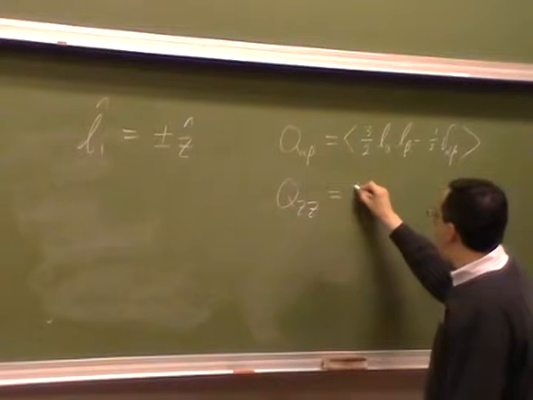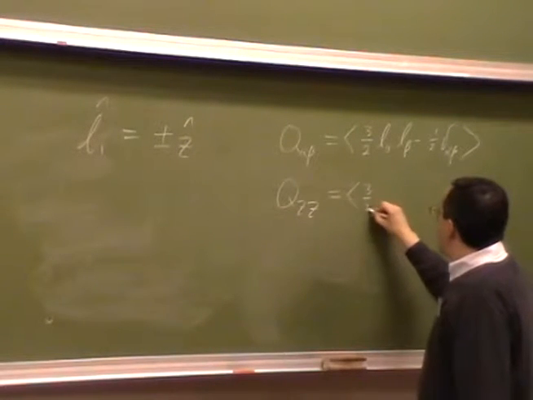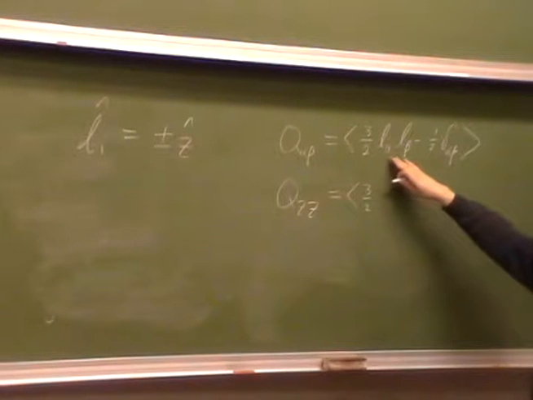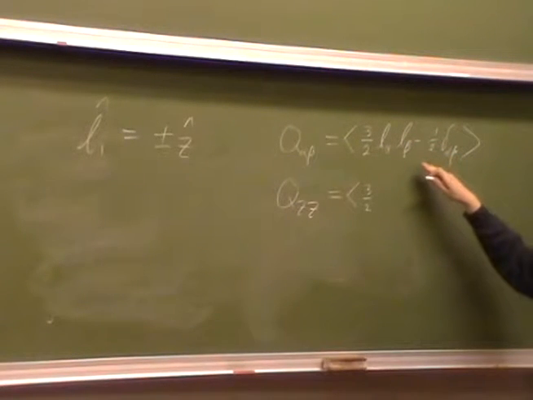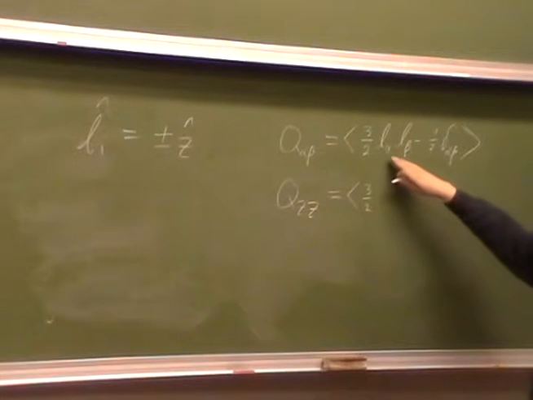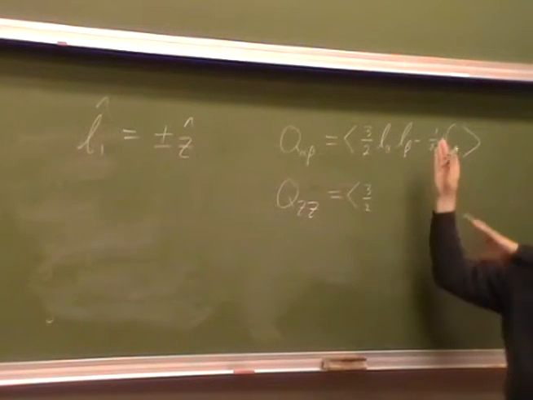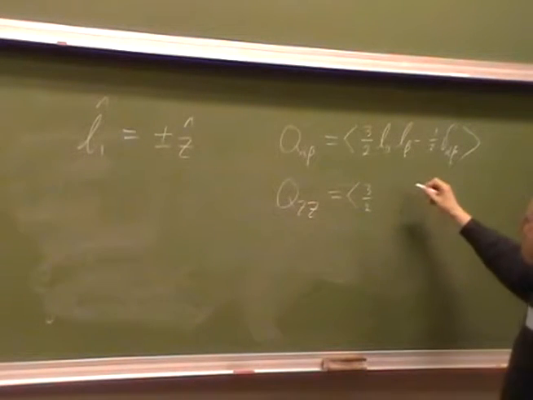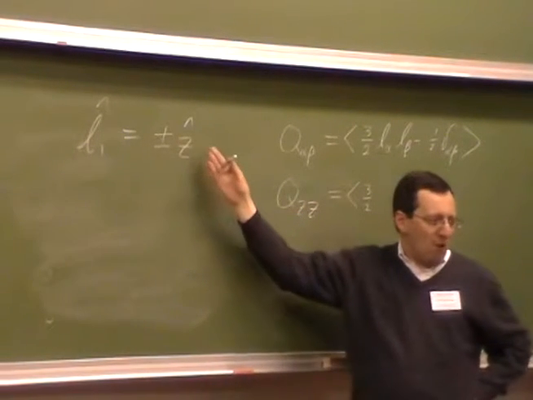So that would be 3/2 times LZ times LZ, right? And so Z, of course, otherwise known as Z, depending on what part of the world you're in. Okay, so LZ is either plus or minus 1, right?